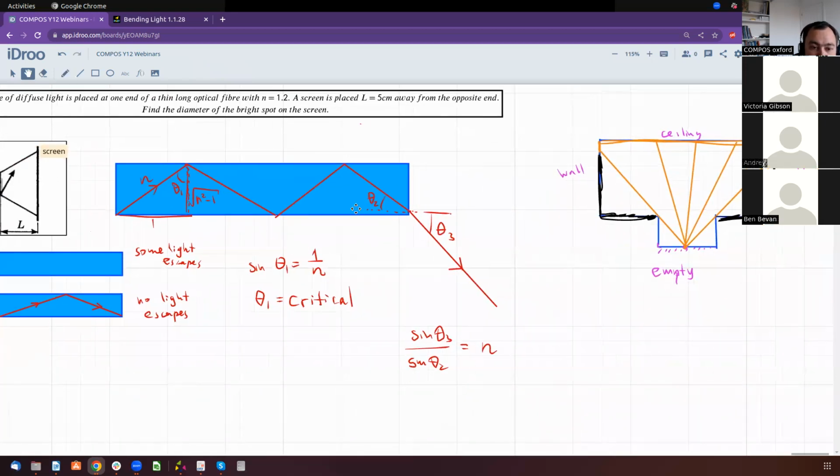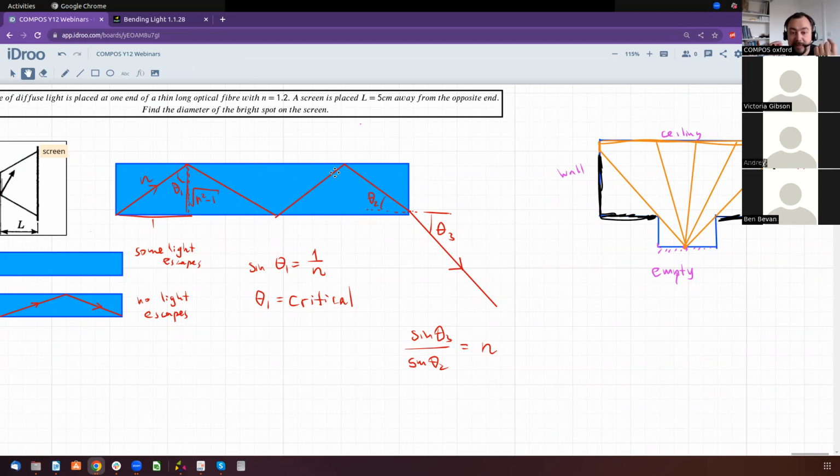The important thing is that it's long, which means the light that can escape will escape because of multiple reflections. There will be enough reflections for all the light that can escape to escape. That's why long is an important word in this question.